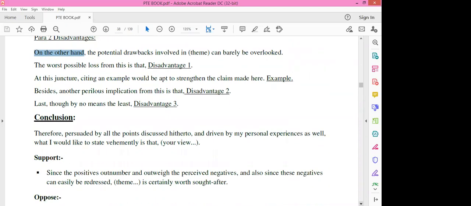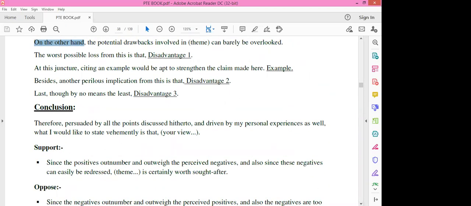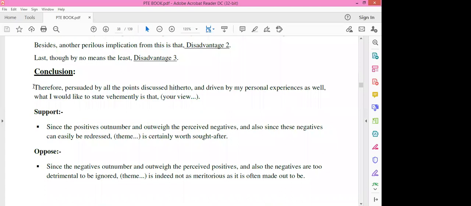Okay, coming to the conclusion sentence, that is the last sentence here. This sentence you will have to write. Therefore, persuaded by all the points discussed hitherto and driven by my personal experiences as well. Punctuations, please be careful. What I would like to state vehemently, what I would like to state strongly, is your viewpoint. What is your viewpoint?